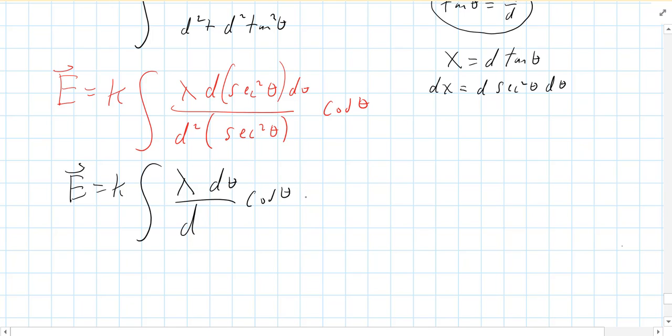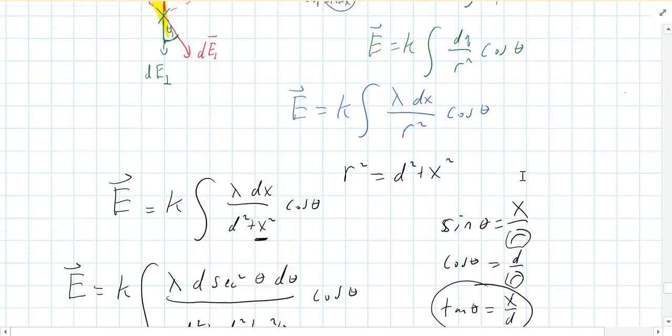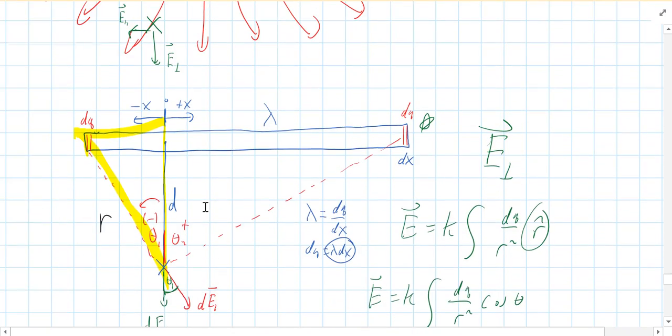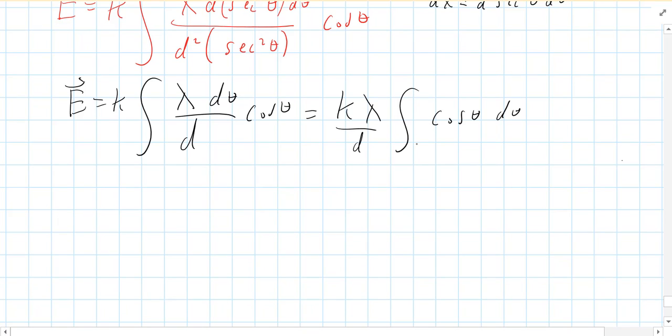Now we're getting somewhere. This equals k. Lambda's a constant, and d's a constant, so I'm going to pull those out, and what are we integrating? We're integrating cosine of theta d theta. Nothing could be easier. And you're going from theta 1 to theta 2. And you get the following.